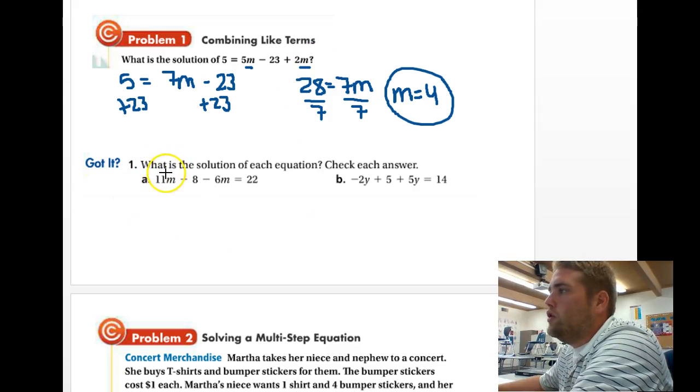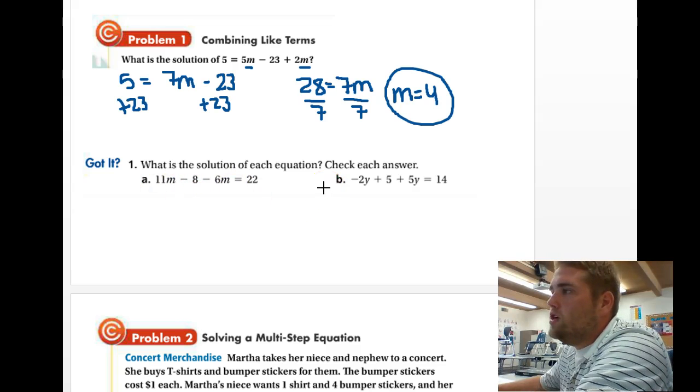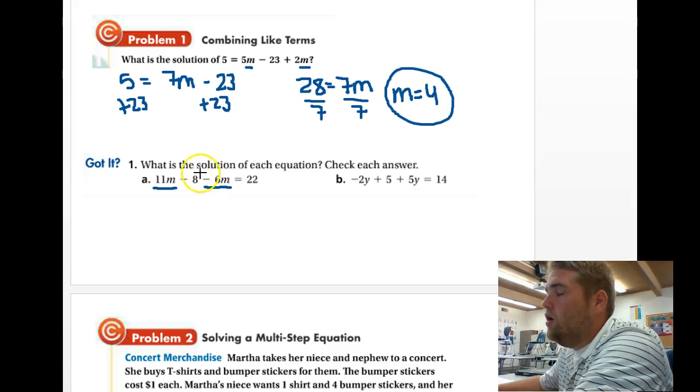Now if we look at the Got It, what is the solution to each equation? First thing you want to do is identify your variables. So I have 11m and I have negative 6m. Well, what's 11m minus 6m? That would give me 5m minus 8 equals 22.